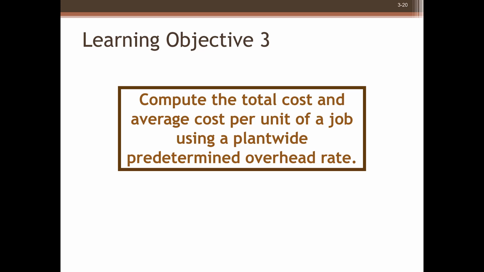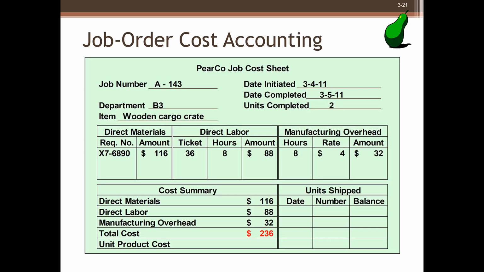And based on the sections of direct materials, direct labor, and manufacturing overhead reported on the job cost sheet, we can easily calculate the total cost and average cost per unit of the job. Let's take a look at job order cost sheet again.